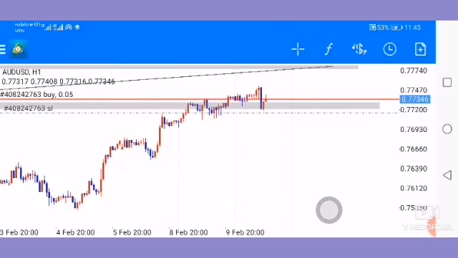I'm just going to give you a little idea about how important it is to choose a certain asset or a certain pair that matches your strategy.